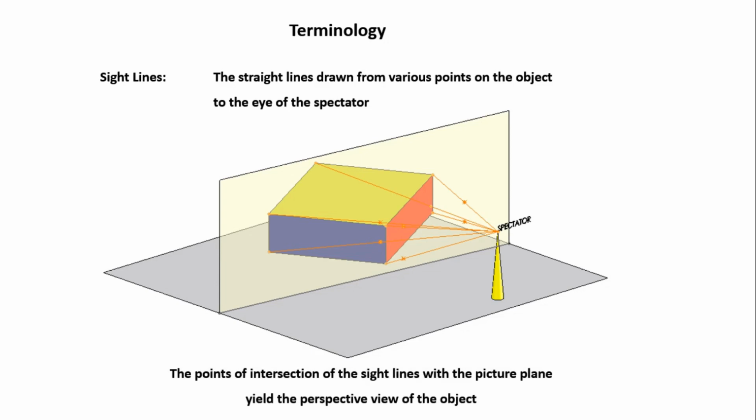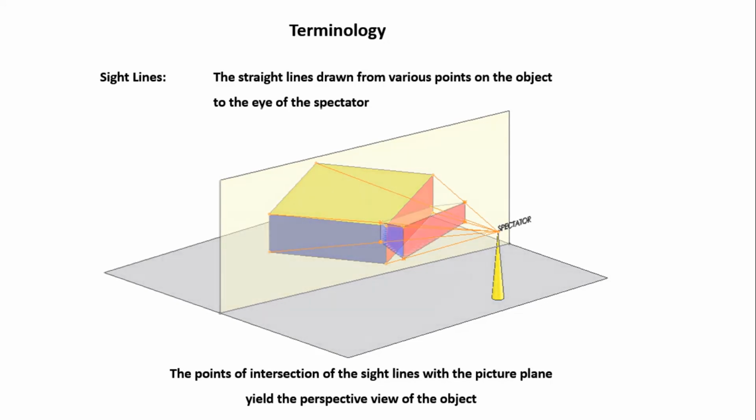Now the points of intersection of the sight lines with the picture plane yield the perspective view of the object. Once we draw the visual rays, the points of intersection of these sight lines with the picture plane, when joined together, will yield the perspective view of the actual object.